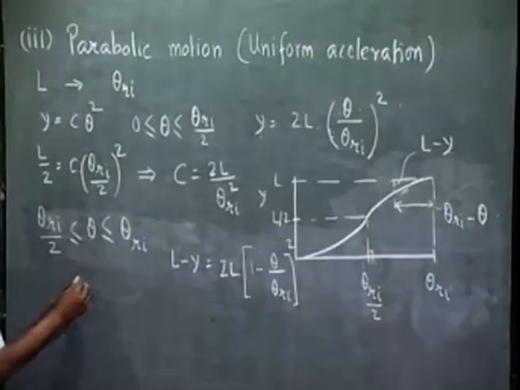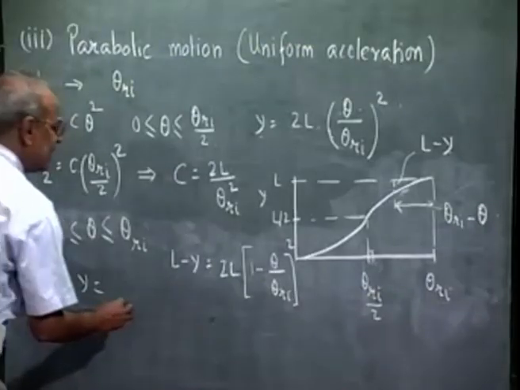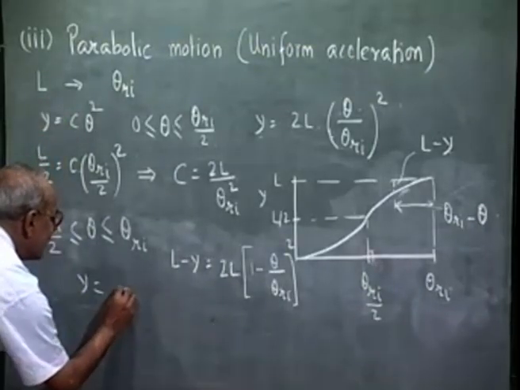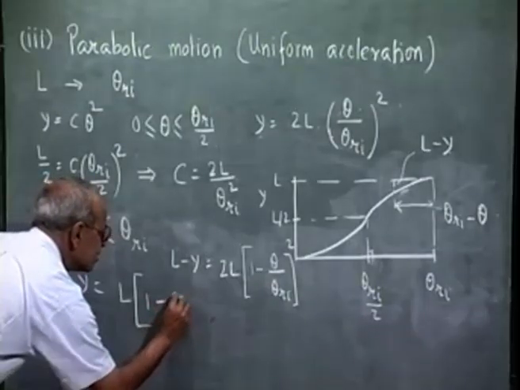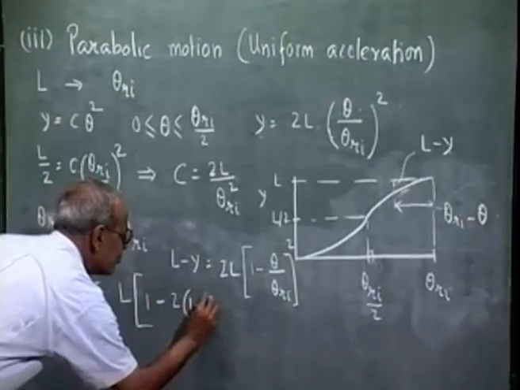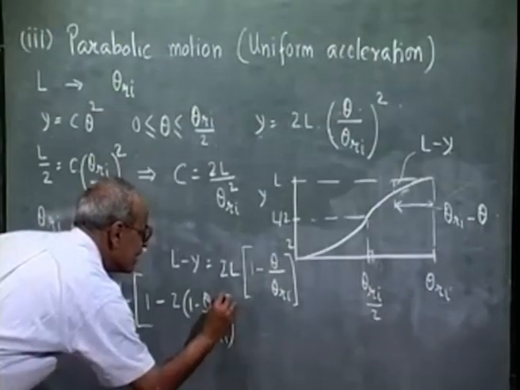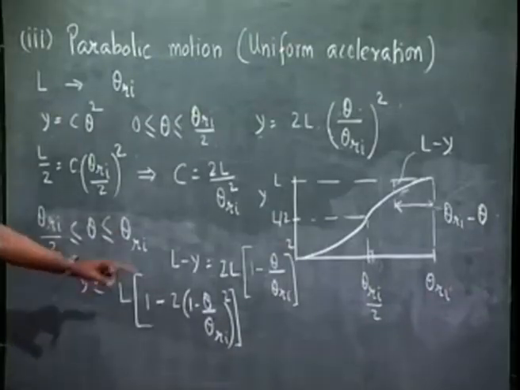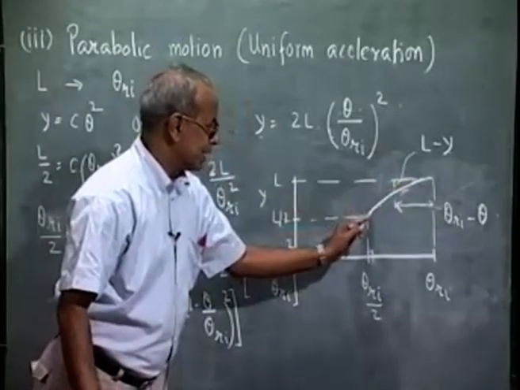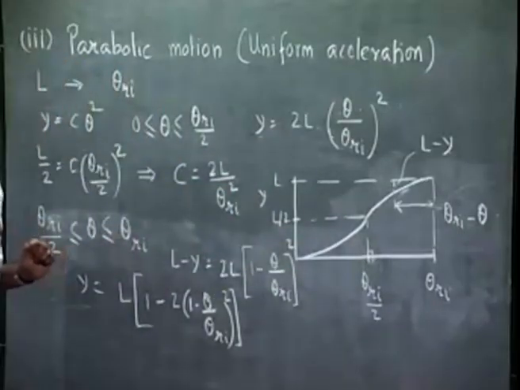So that gives me y equal to L into 1 minus 2 into 1 minus theta by theta Ri whole square. So this is the expression for the second half of the displacement diagram, and this is the expression for the first half of the displacement diagram.